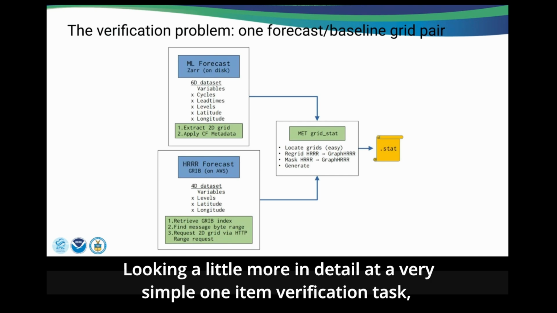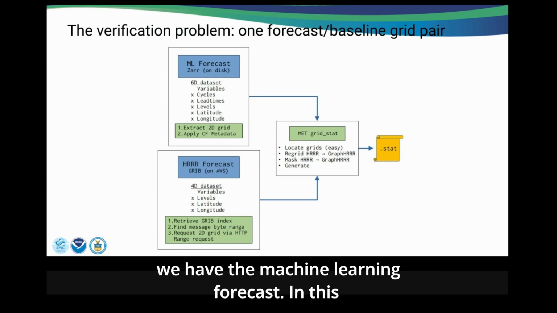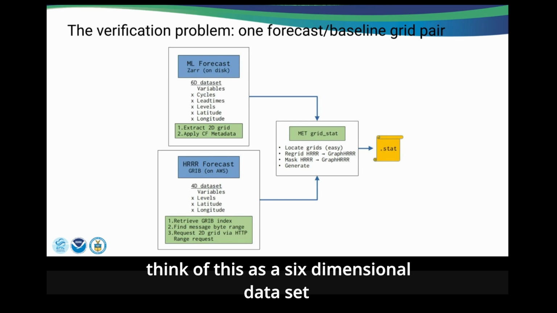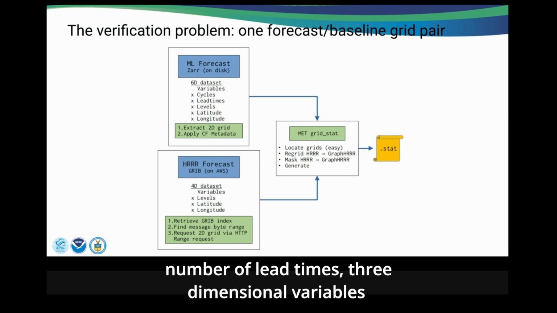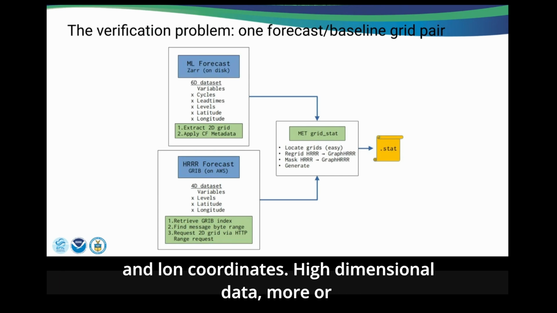Looking a little more in detail at a very simple, one item verification task, we have the machine learning forecast. In this case, let's say it's ZAR, it's sitting on disk. We can think of this as a 6-dimensional data set where we have some number of variables, some number of cycles, each of which has a certain number of lead times. 3-dimensional variables have multiple levels, and then we have the lat and lon coordinates.